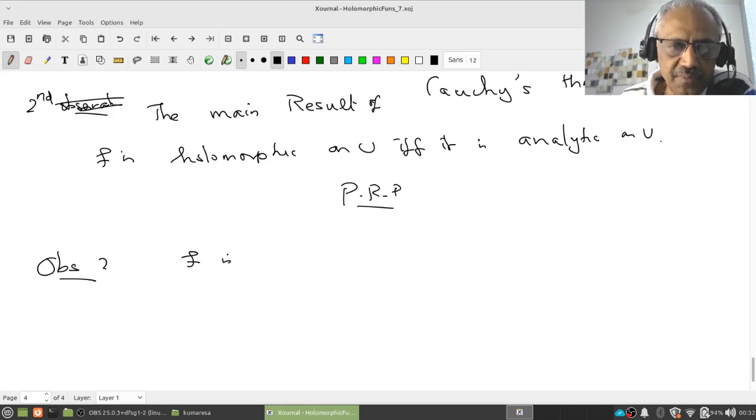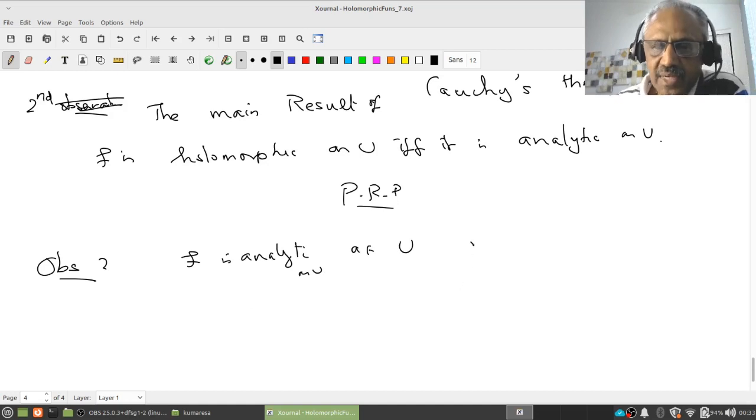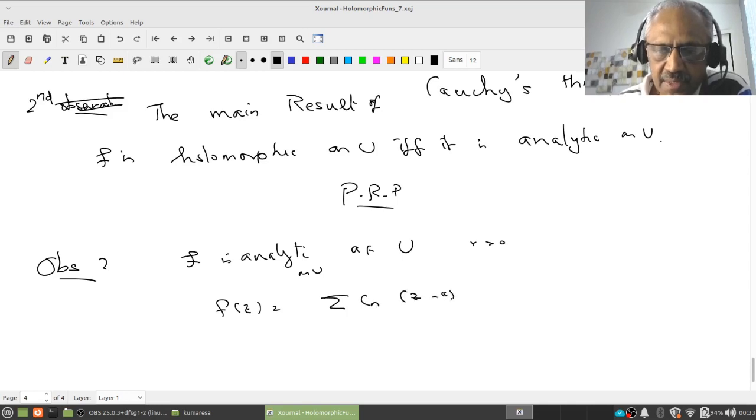Suppose f is analytic on U, and a belongs to U. Then we have an r positive, etc., such that f(z) is summation c_n (z - a)^n, 0 to infinity, for all z in B(a,r).